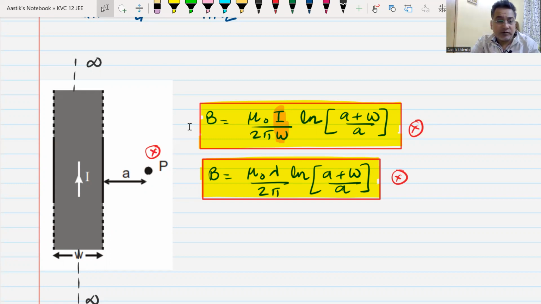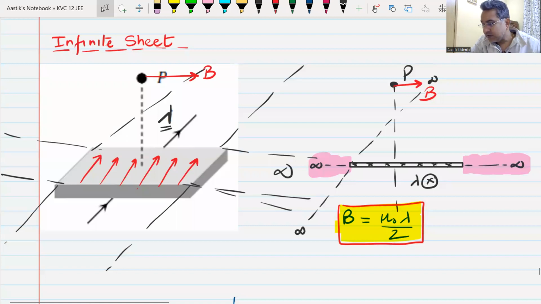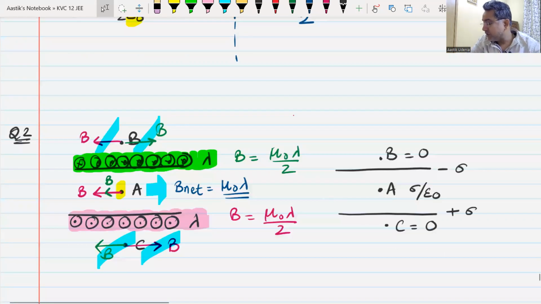Then we had discussed the formula for an infinite sheet with a fixed width, where the point is above the sheet. We had found the formula, then used it to find the result for an infinite sheet. The formula is the same as for the electric field due to an infinite sheet. Sigma by 2 epsilon naught was the formula, and here the formula was mu naught lambda by 2, and we had seen questions where we had used this.